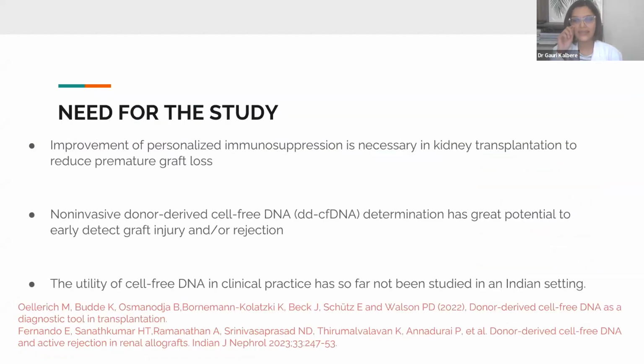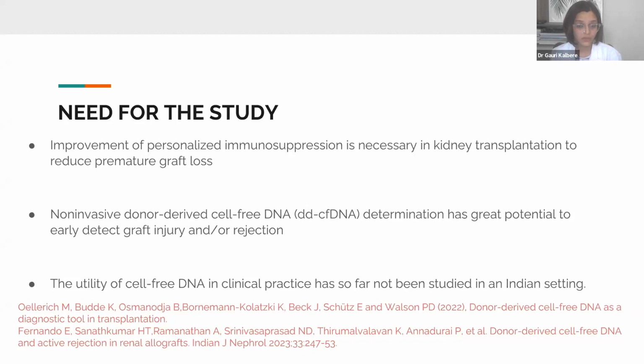So why was there a need for the study? We have already discussed, we have so much international data. So we need something from our side. Improvement of personalized immunosuppression is necessary in kidney transplantation to reduce premature graft loss. And as we discussed earlier, non-invasive donor-derived cell-free DNA has a great potential to detect graft injury or rejection.